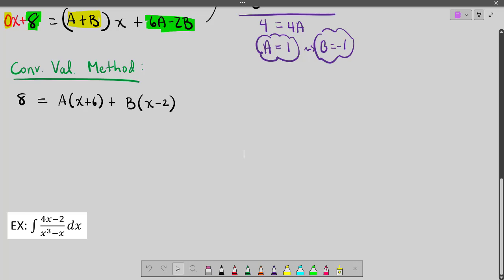So here's what the convenient value method process is. So this equation right here, we say to ourselves that this is true for all x. So that equation right there is going to be true for any x. That's our simplified PFD equation.